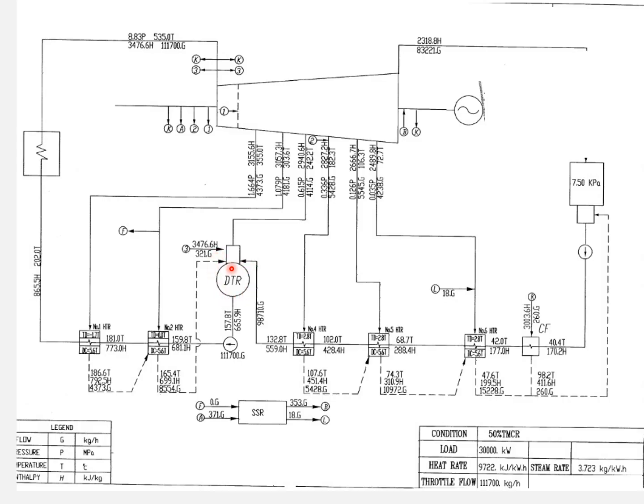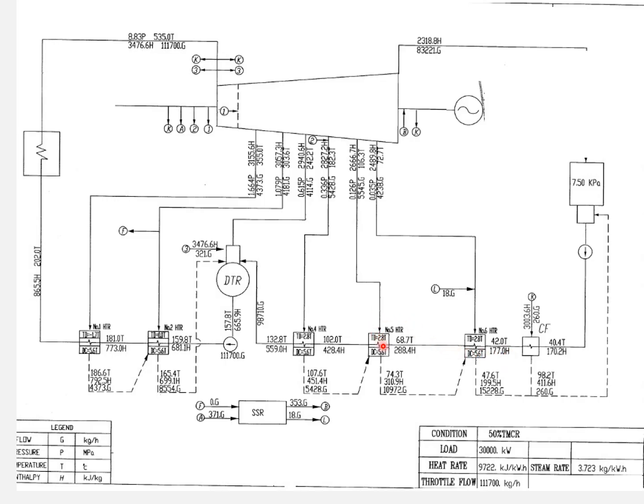This one is the generator. The water temperature at number 6 is 42 degrees C, with enthalpy 177 kilojoules per kilogram.